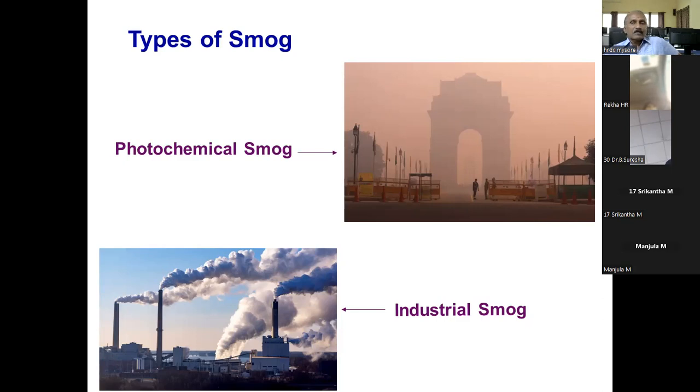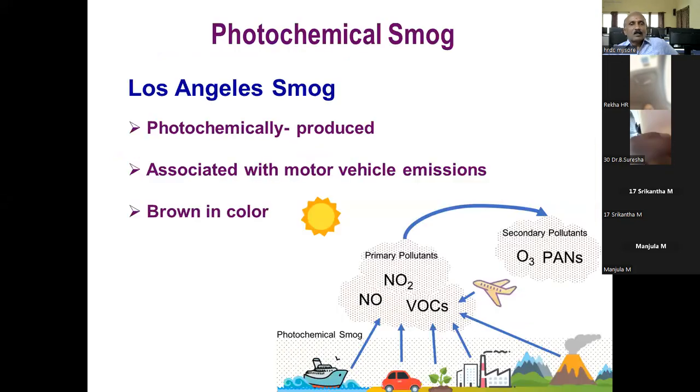It reacts with the water vapors or the fog present in the atmosphere and results in a thick cloudy appearance, and that smog is called industrial smog. This industrial smog is also referred to as London smog, because in 1952 it prevailed for about 5 days, during which 4,000 people died when they were exposed to this industrial smog, especially in London.